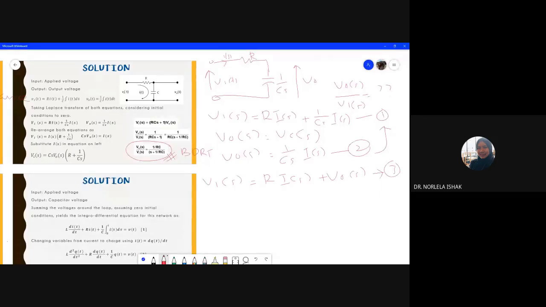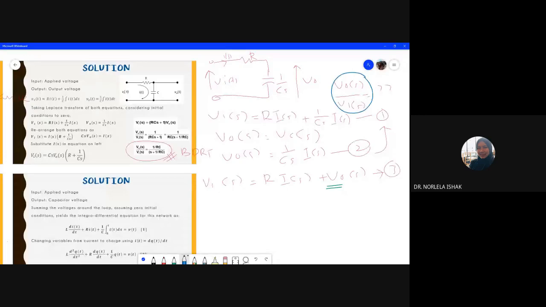So now we already have V naught. In your derivation, you have to rearrange the equation until you get this one in terms of V naught and Vi.